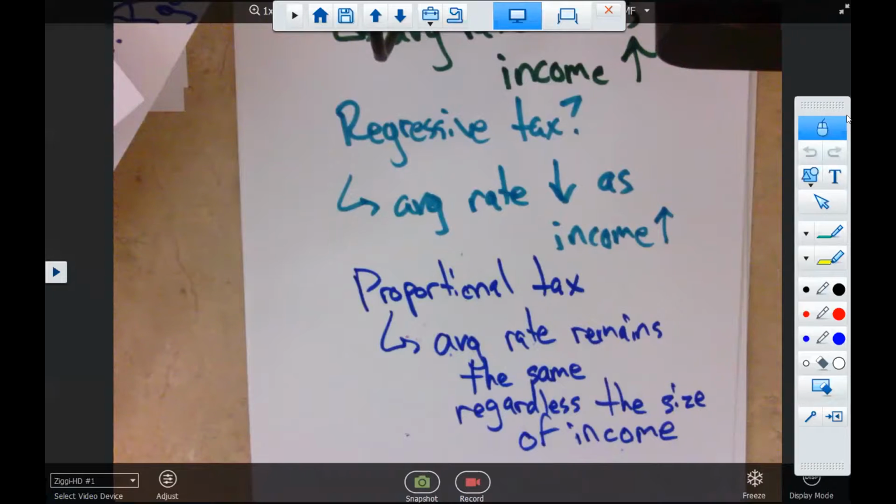So most of their income is getting taxed by the sales tax, whereas wealthier people might spend 10 or 15% of their income on stuff. Does that make sense? So the same amount of sales tax is less of a percentage of their total income.